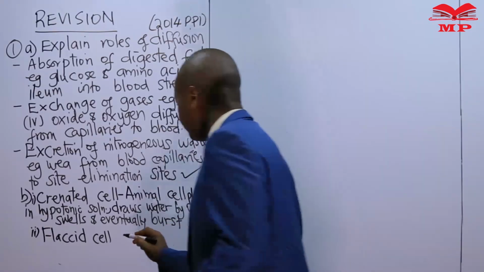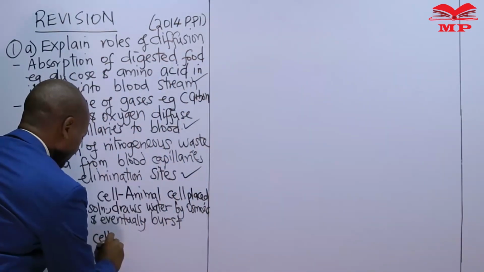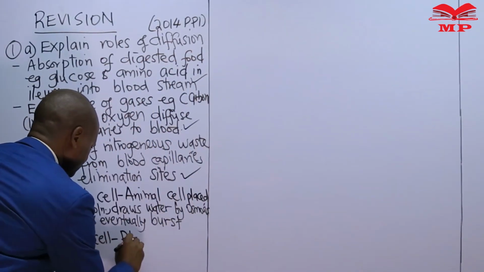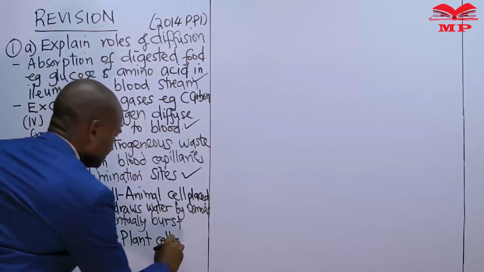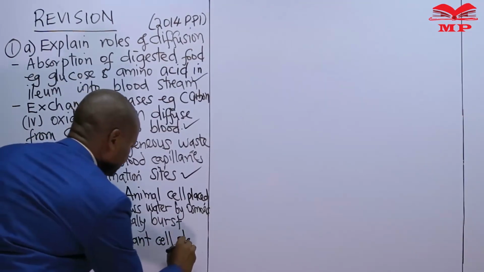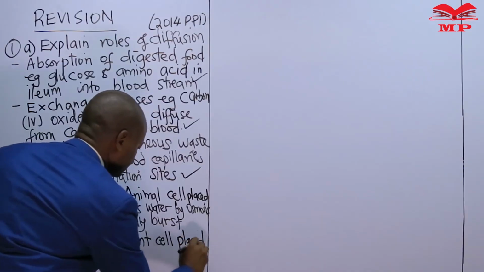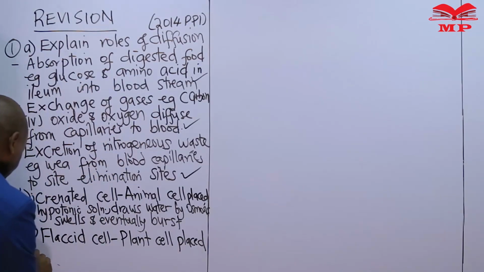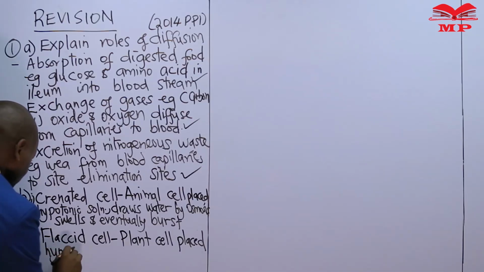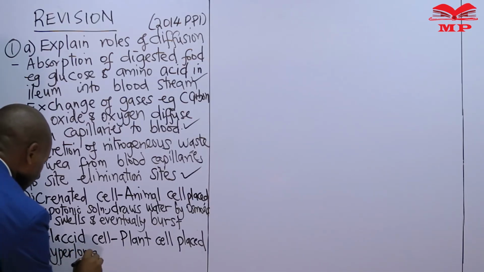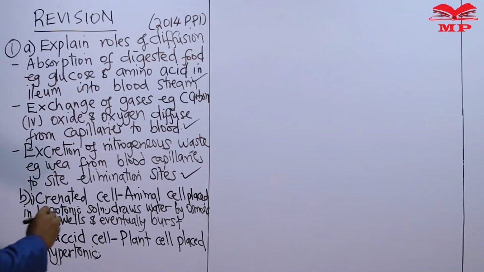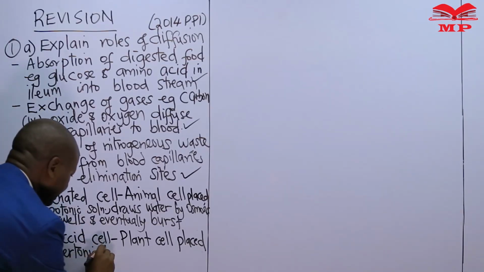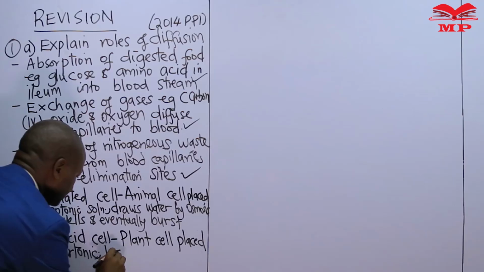So here we have a plant cell placed in hypertonic solution, and when it is placed in a hypertonic solution, it loses water.